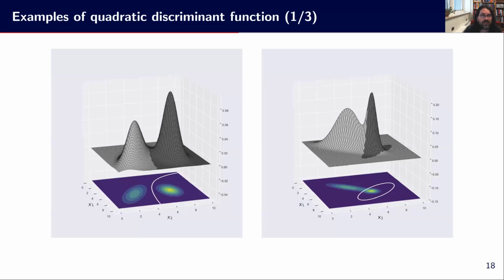So if we look at examples of quadratic discriminant functions, we have 2 classes. Each class follows one Gaussian distribution, one normal distribution in 2D. We can see that with these 2 classes, we have different distributions, different covariance matrices. And then we have a decision frontier like that.